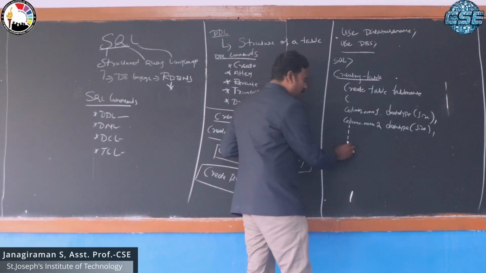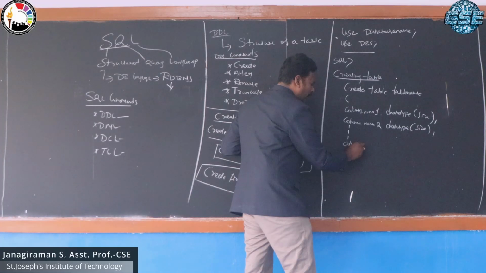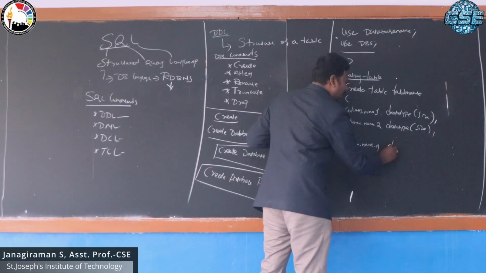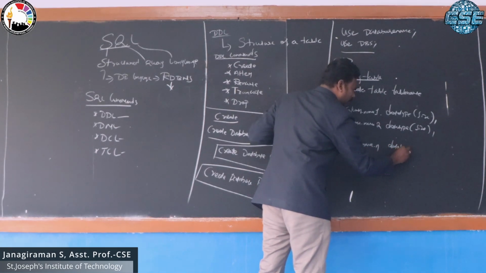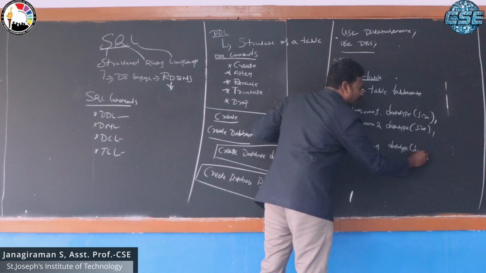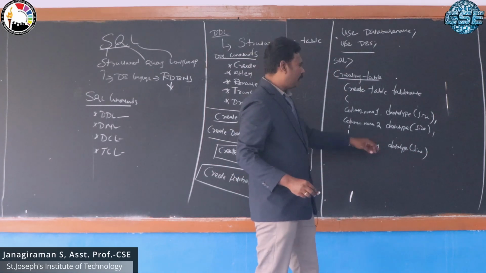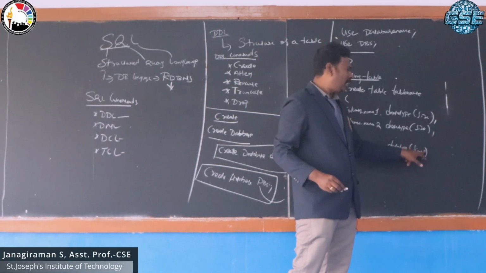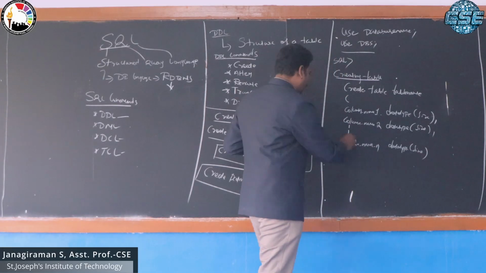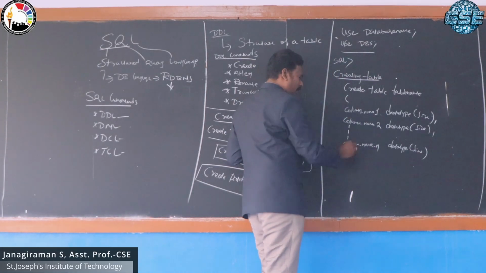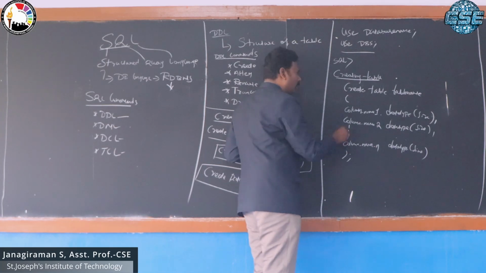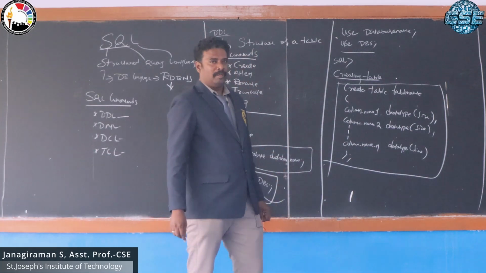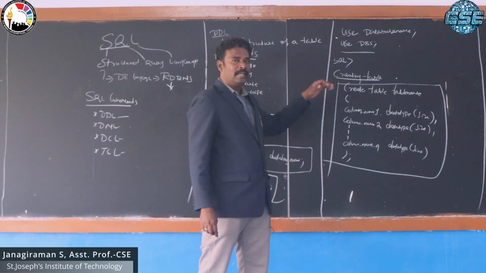Column name n, data type, size. The last column should not contain any comma, because that is the last one. Then, as you started with the open bracket, you should end with the close bracket, then the semicolon. So this is the syntax for creating any table, and you have to follow this syntax for creating a table.